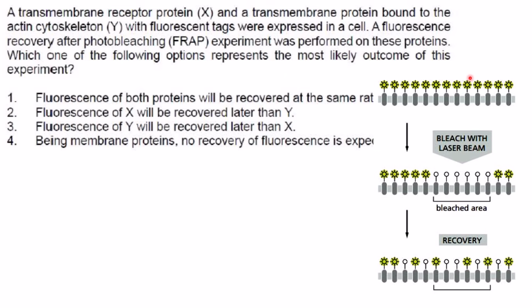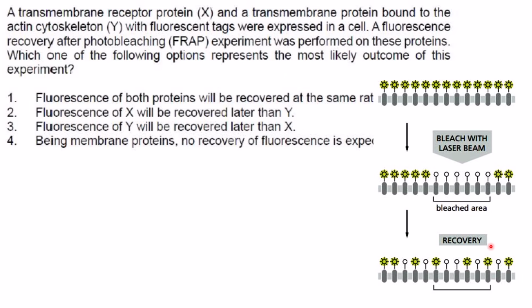In the FRAP technique, you have fluorescently labeled proteins on your plasma membrane. Then you bleach a certain region of the plasma membrane with a strong laser beam. Then you look for recovery, whether the fluorescence is recovered in the bleached area.